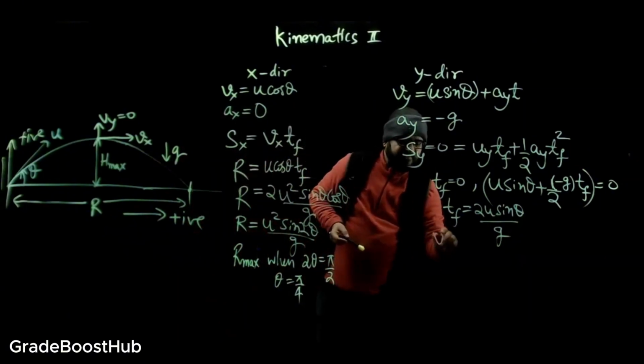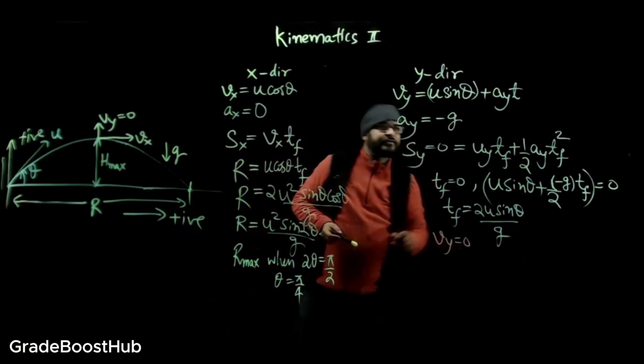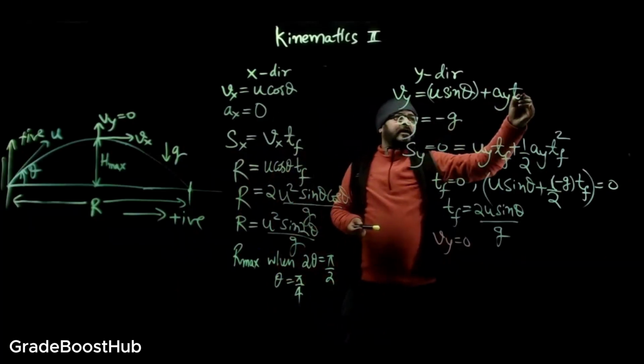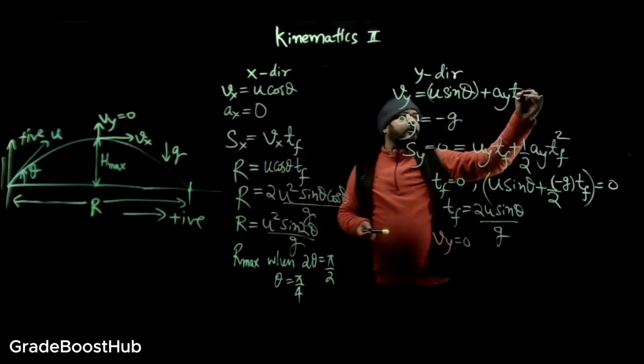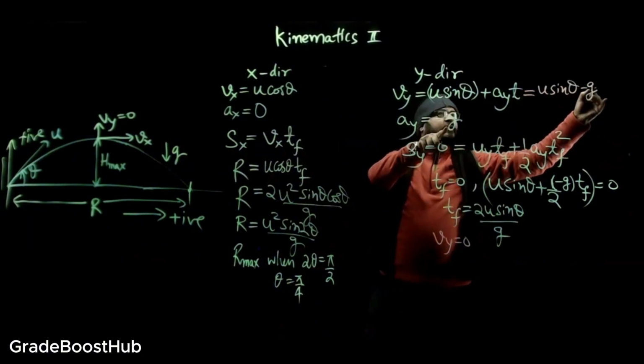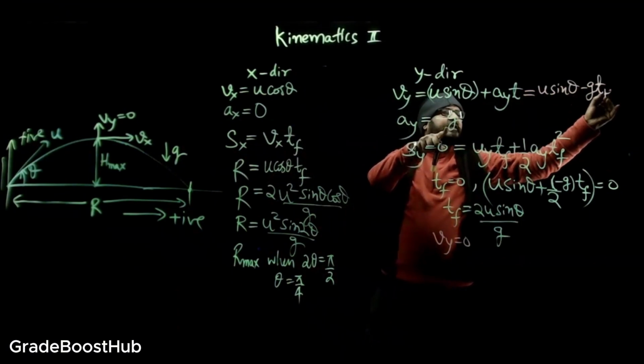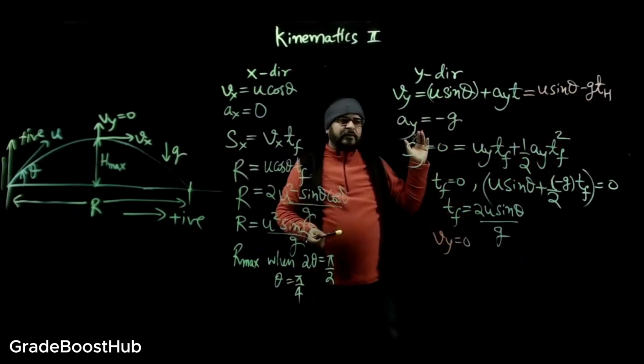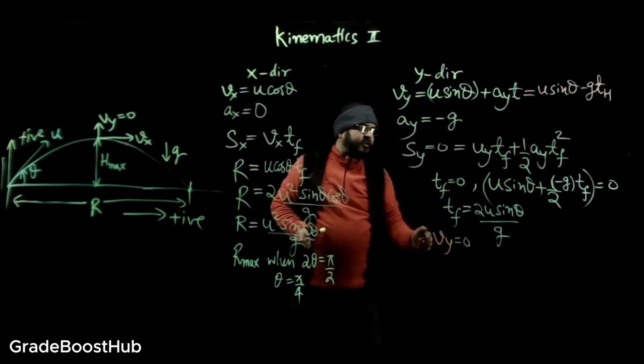So at the highest point, Vy is equal to 0. So Vy, we know, is u sine theta minus g t. Let's say t is th, the time for maximum height.